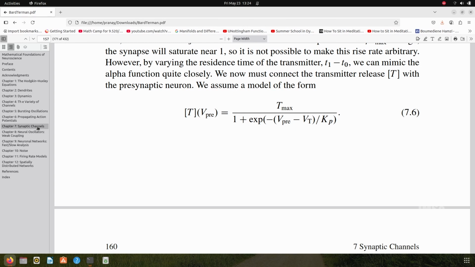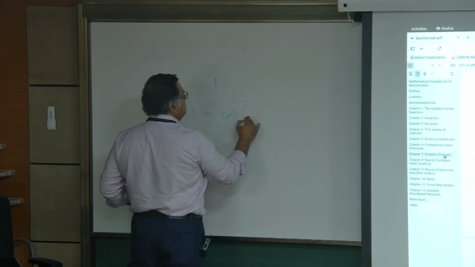So, the neurotransmitter driven by the presynaptic neuron as a function is going to have this 1 over 1 plus exponential function. Let me give you a sense of what this function is. It looks bizarre when you just see it at first, but it is actually a very wonderful function. It is a lovely function that you can tweak and twist in all sorts of ways. So, 1 over 1 plus exponential minus V.